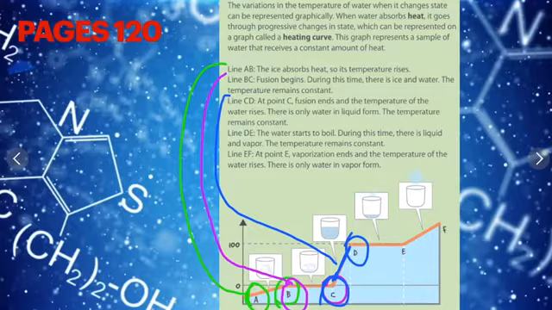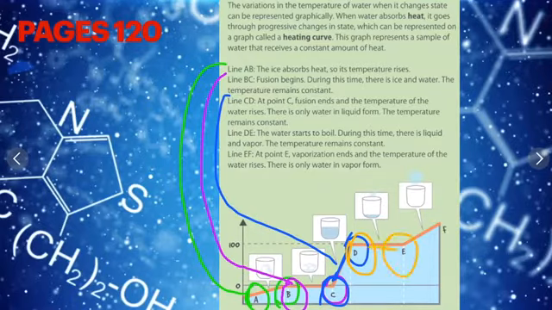Now it says, line DE, the water starts to boil. Right here, you observe, look what happens to the water, okay? The temperature remains constant, okay? The water starts to boil. During this time, this is liquid and vapor. The temperature remains constant.